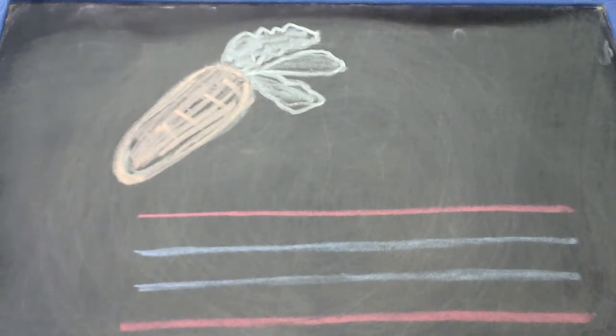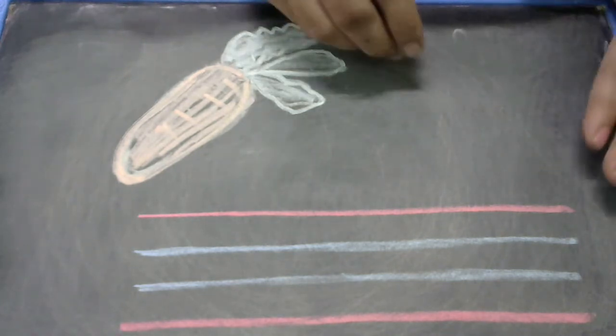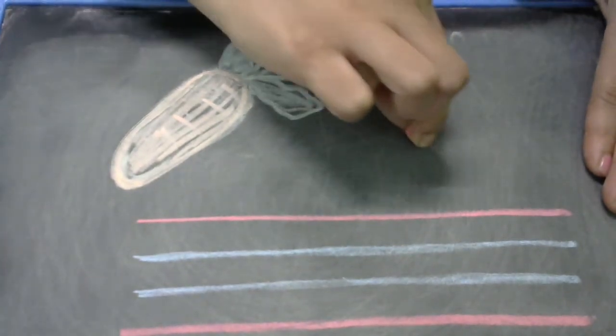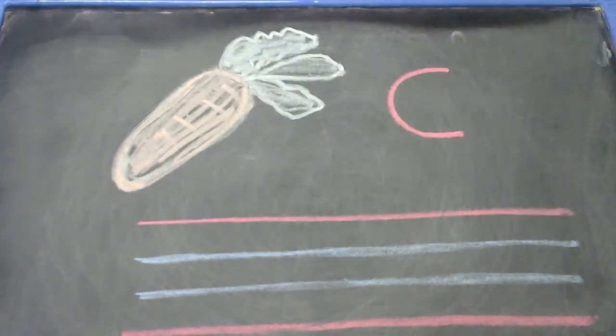So, carrot. Can you hear this carrot? Okay. So, children, today we are going to learn a new letter, that is C. C for carrot. Okay. C for carrot.